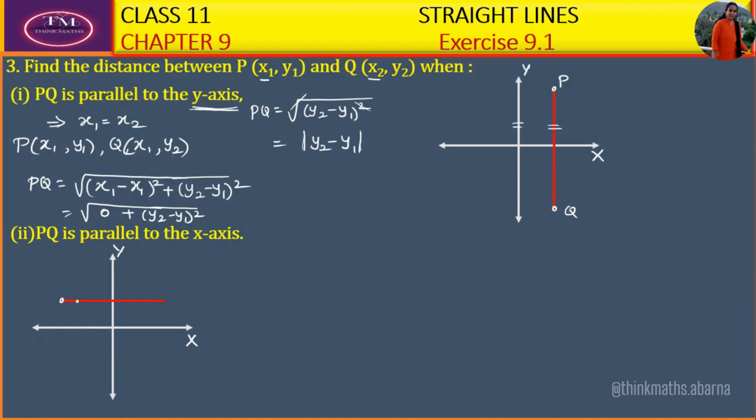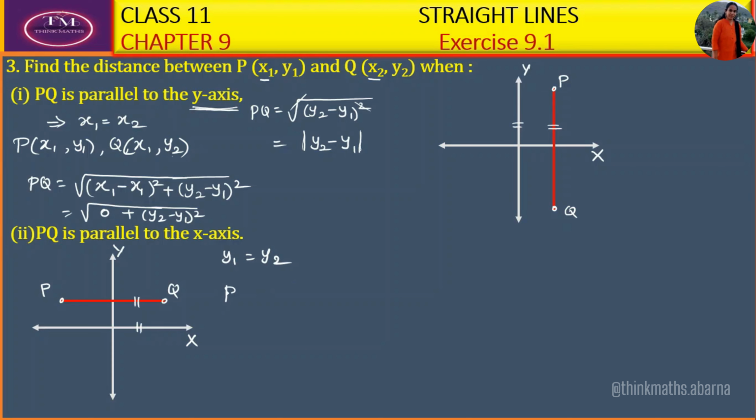If you take this line PQ, which is parallel to the x-axis, and check it, the y coordinate will be the same throughout this line; only the x changes. Only then it will be parallel to the x-axis. Therefore we will have y1 equal to y2.